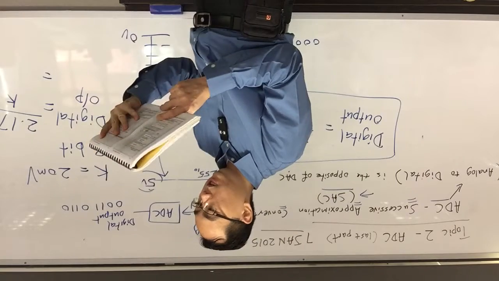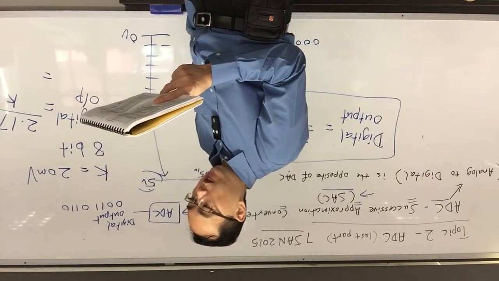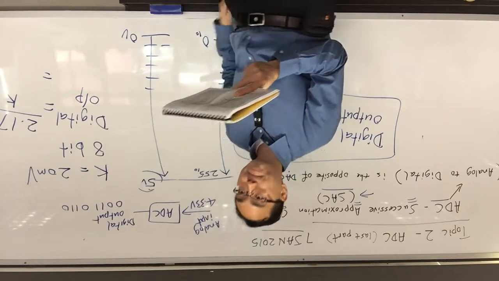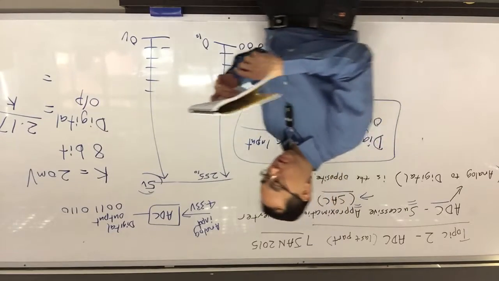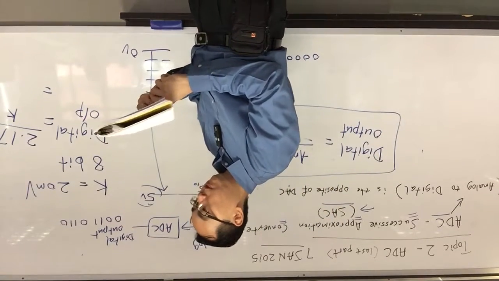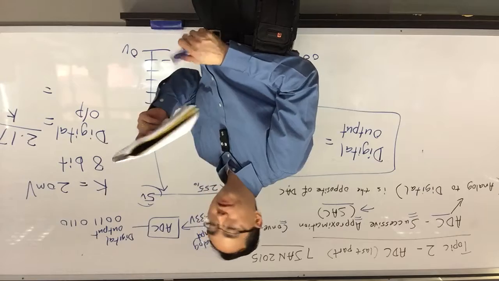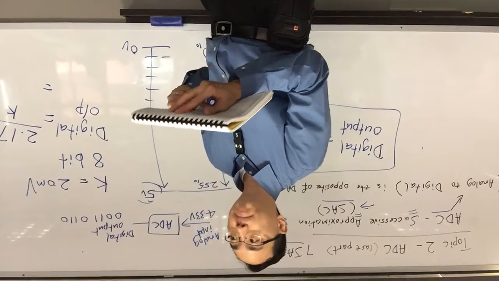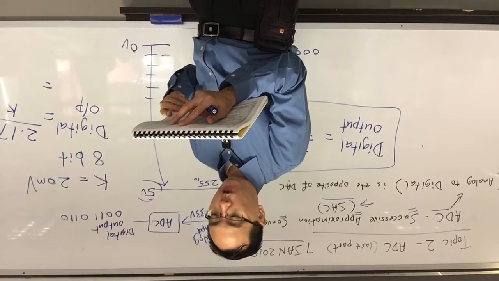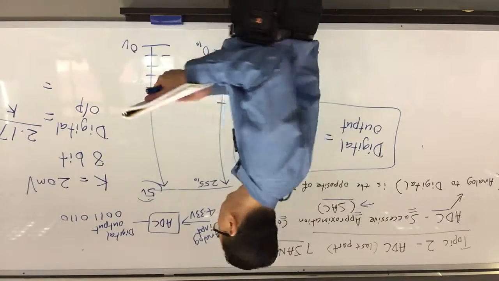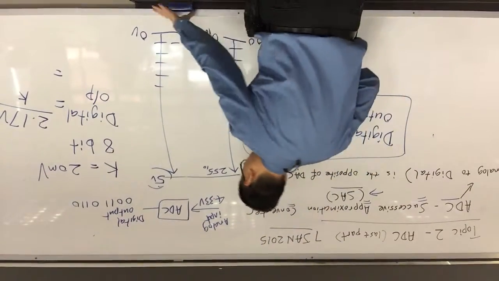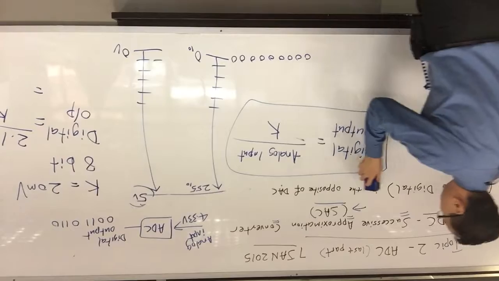So what we can see is that we have this step, 108.5 steps. But we want to find out what it is. So I'm going to erase this.